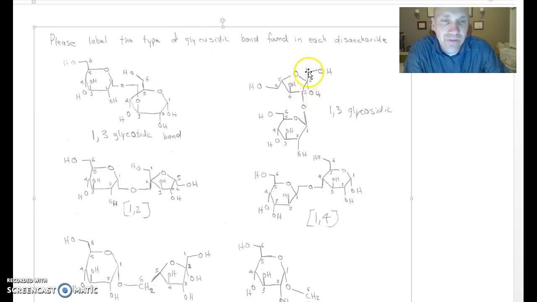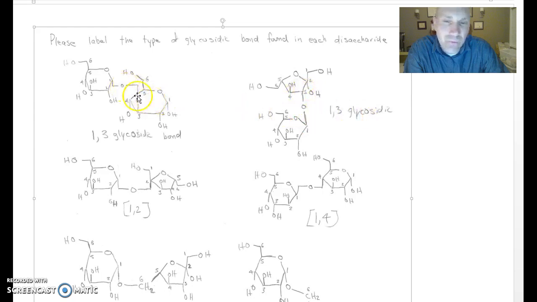To get that 1, we actually start up here. 1, 2, 3, 4, 5, 6. And for this guy, this is your 1 carbon, 1, 2, 3, 4, 5, 6. So that would be a 1, 3 glycosidic bond.